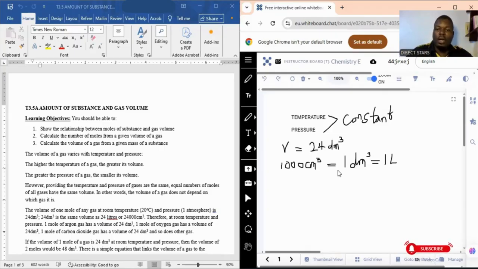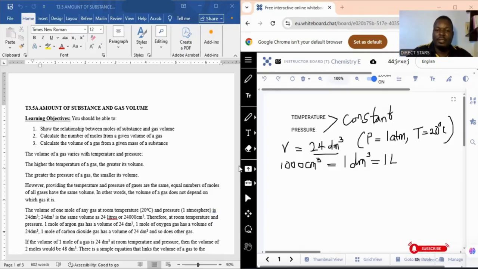Remember, at standard temperature and pressure, what are the standard temperature and pressure? When pressure P is 1 atmosphere and temperature is 20 degrees Celsius, then the volume of 1 mole of a gas will be equivalent to 24 dm³.